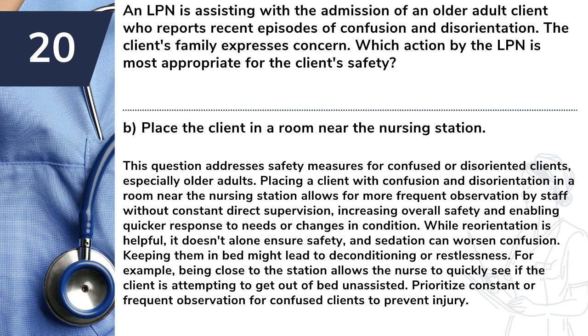While reorientation is helpful, it doesn't alone ensure safety, and sedation can worsen confusion. Keeping them in bed might lead to deconditioning or restlessness. For example, being close to the station allows the nurse to quickly see if the client is attempting to get out of bed unassisted. Prioritize constant or frequent observation for confused clients to prevent injury.